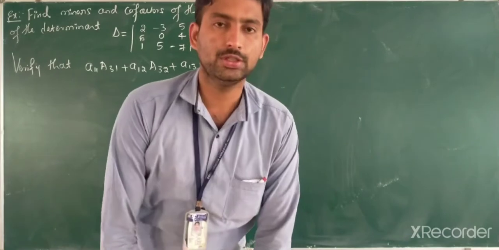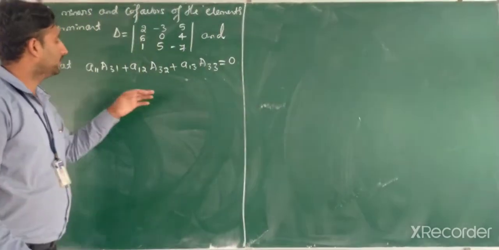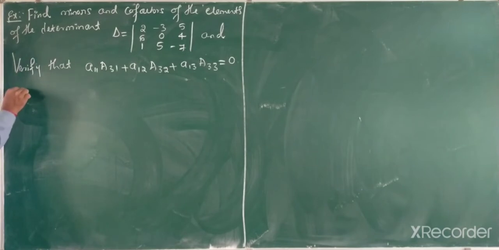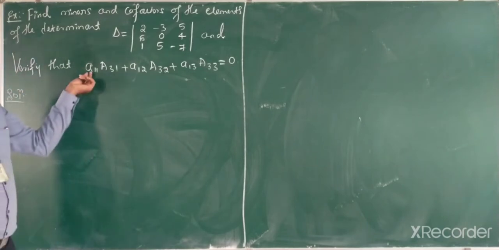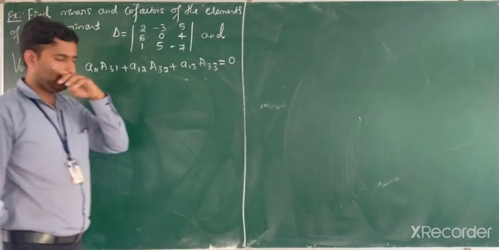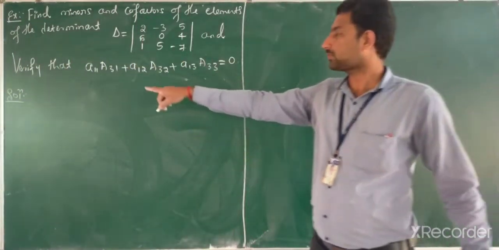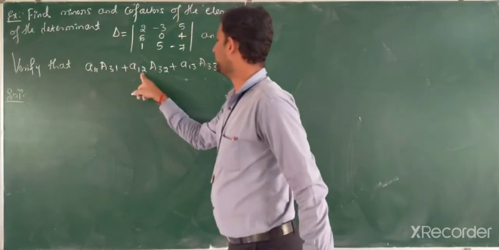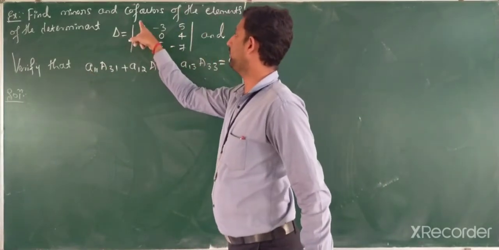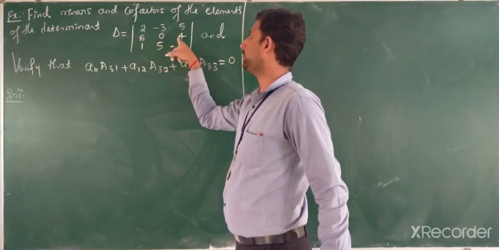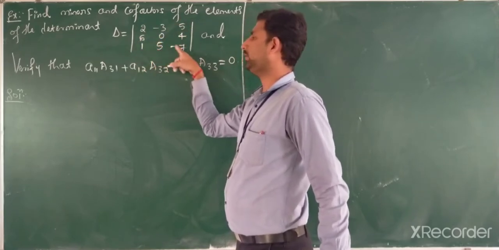Dear students, before finding any values, our job is to know the meaning of small a11 and capital A31 or capital A32. Correct? The small a11, a12, a13 are nothing but values: a11, a12, a13, a21, a22, a23, a31, a32, a33.